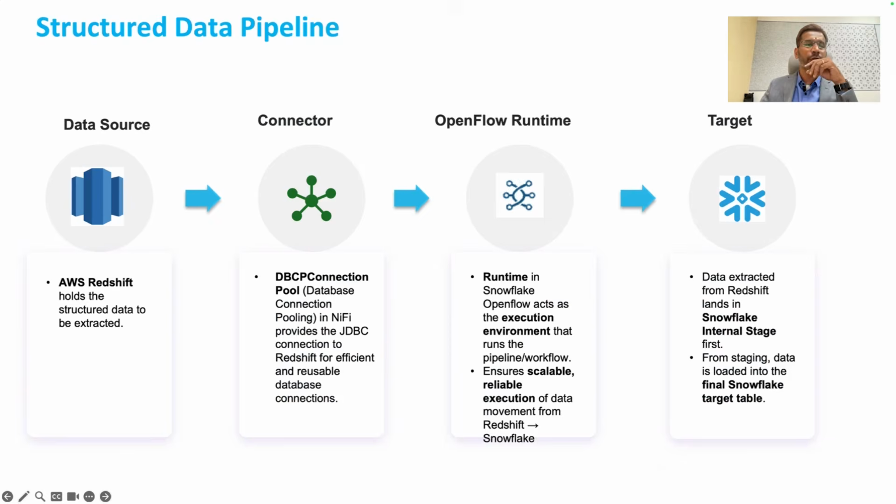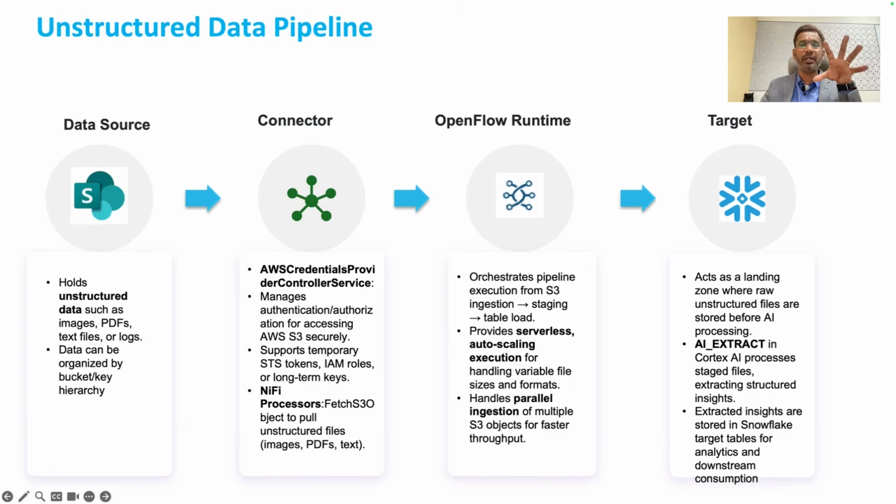The second flow is going to involve, as I mentioned, the theme of unstructured data processing. In terms of the art of possibilities, you can do images, PDFs, text, etc. But for today's demo, I'm primarily going to focus on images. You're going to bring a set of images which are sitting in S3.